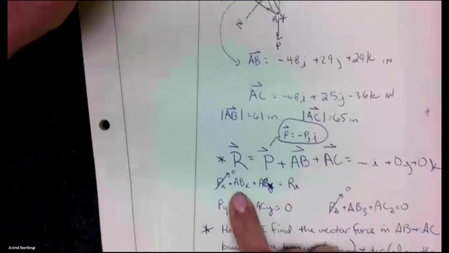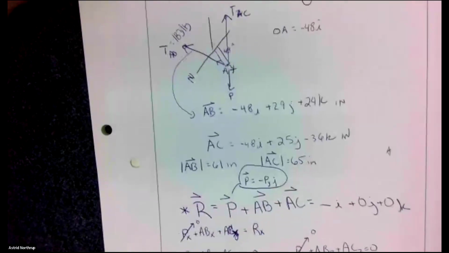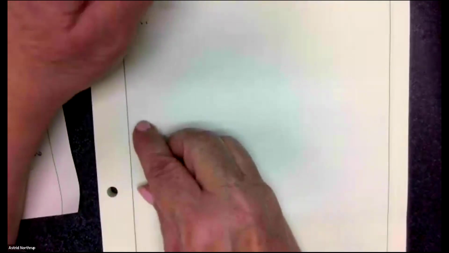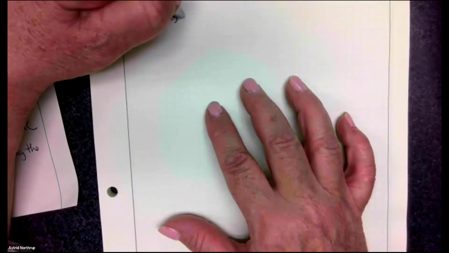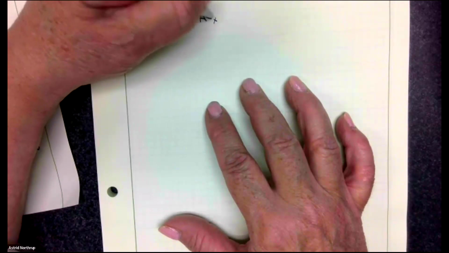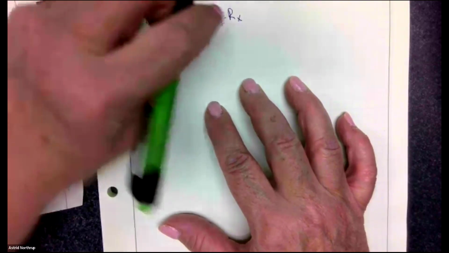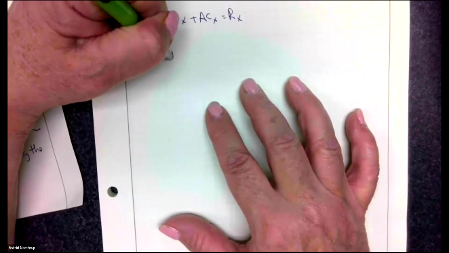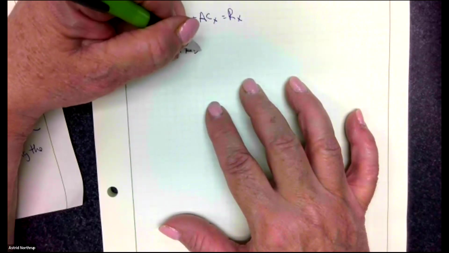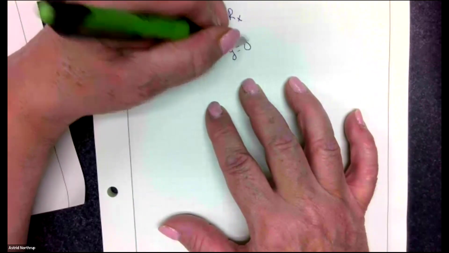My first equation, I'm going to write in the X direction, and I get, in simplified form, A sub B in the X direction plus A sub C in the X direction equals R sub X. In the Y direction, I get P sub Y plus AB in the Y direction plus AC in the Y direction equals 0.